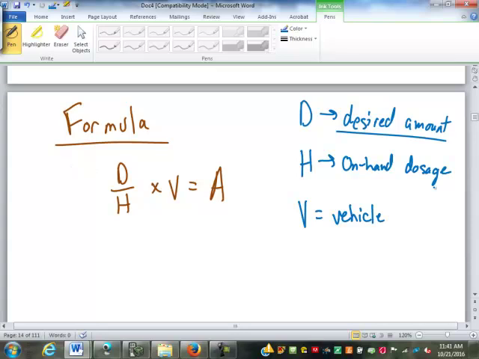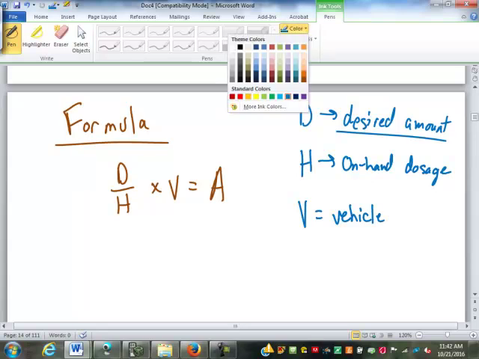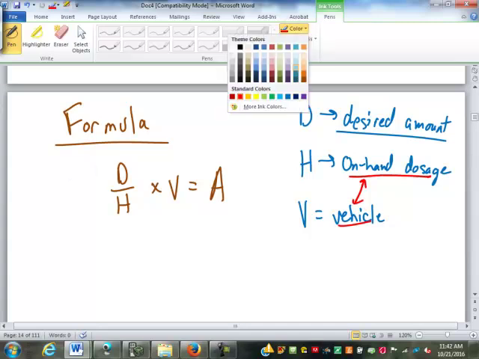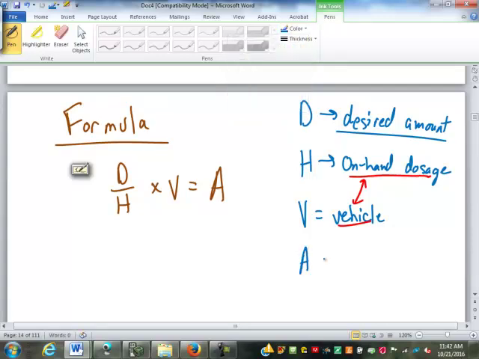The vehicle is what carries the medication into the patient. More specifically, it is what carries the on-hand dosage to the patient. So if you're struggling to figure out what the on-hand dosage is, look at the vehicle. The two of them are pretty much always linked together. And then, of course, A is what we're going to administer to the patient.